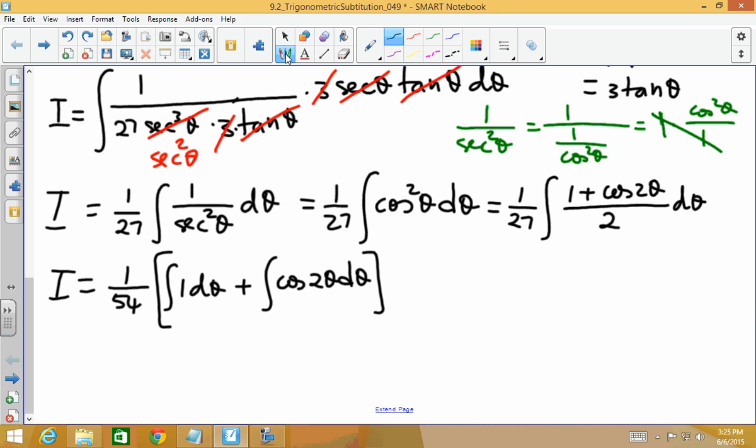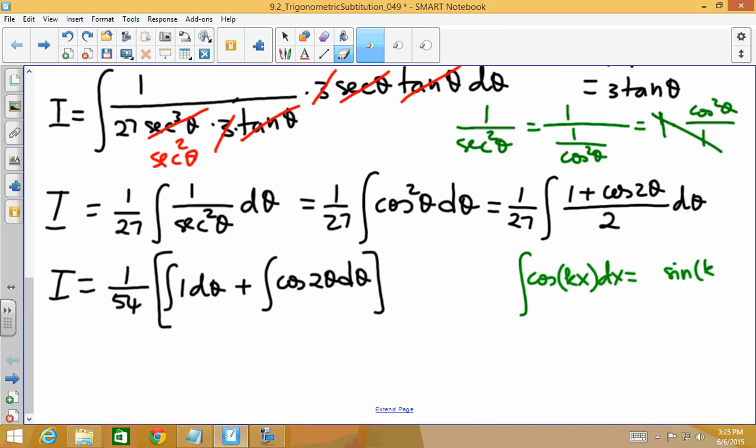Now, we also know that the integral of cosine kx dx is, since cosine is a derivative of sine, sine kx.